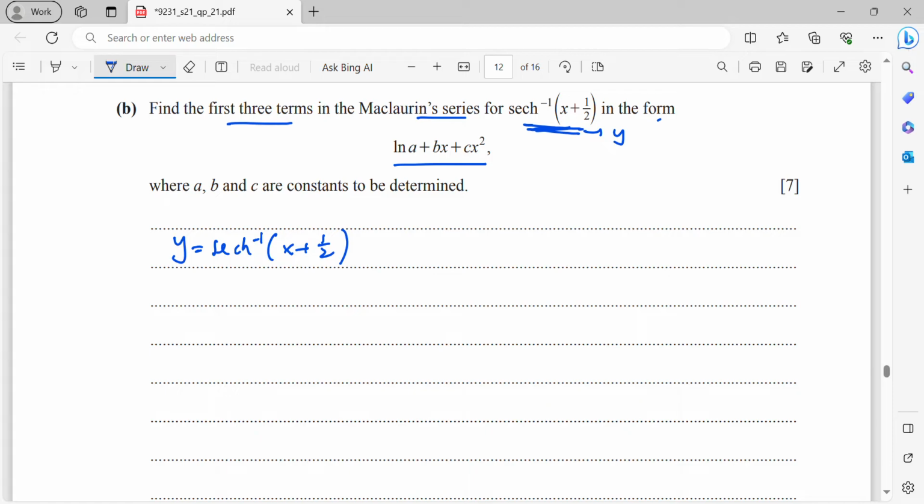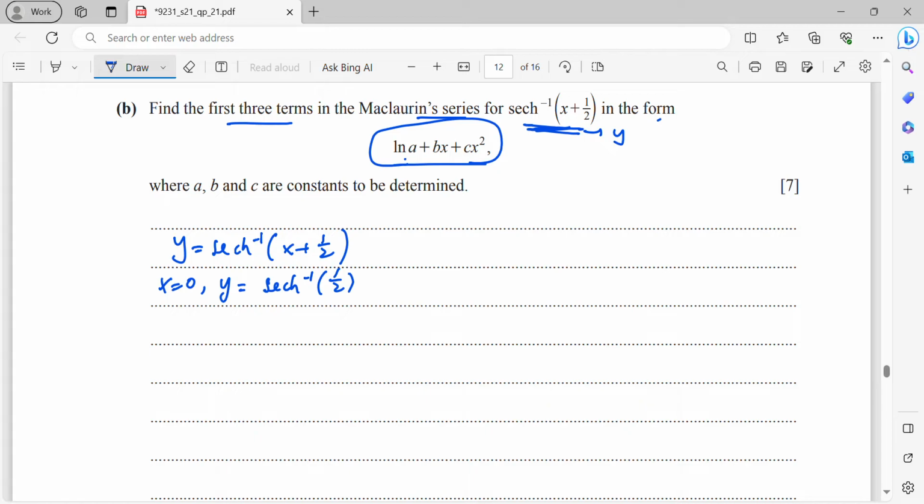First of all, we need to find what is the y value when x equals to 0. When x equals to 0, my y is inverse hyperbolic secant of half. But then we look at the answer here. It will be in terms of ln.